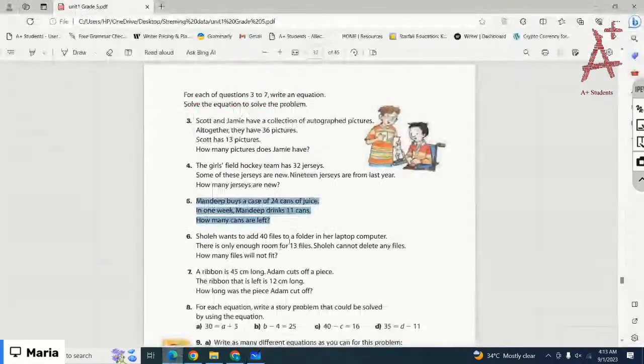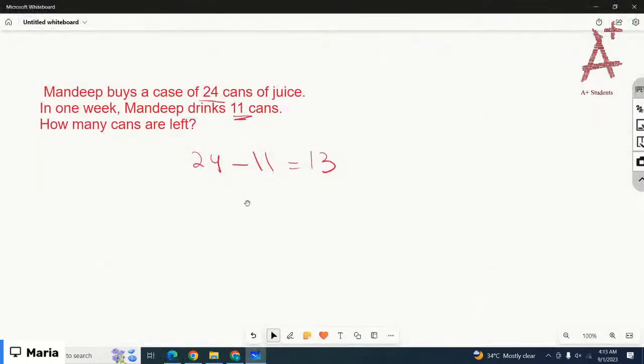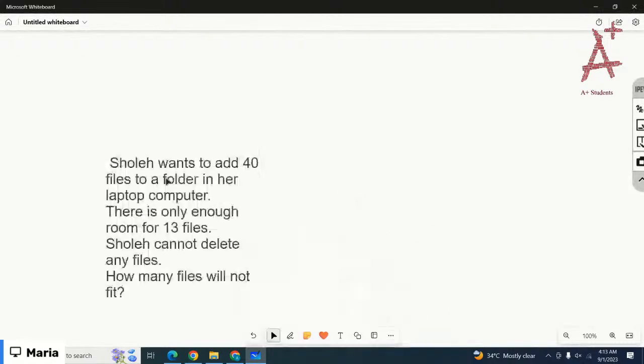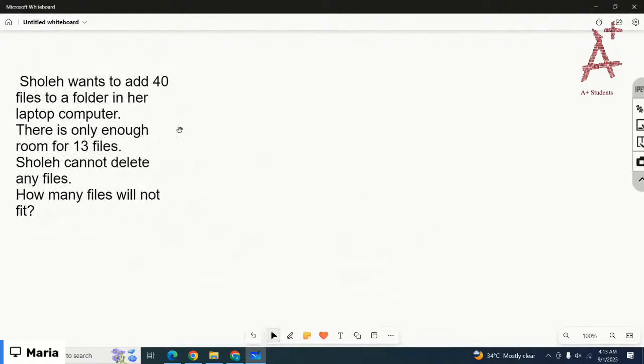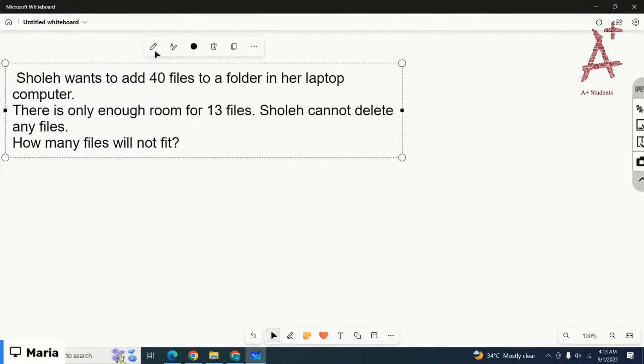Okay, let's start with the next one. Shola wants to add 40 files to a folder in her laptop computer.